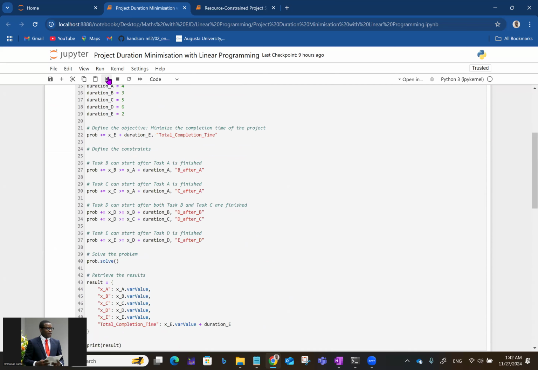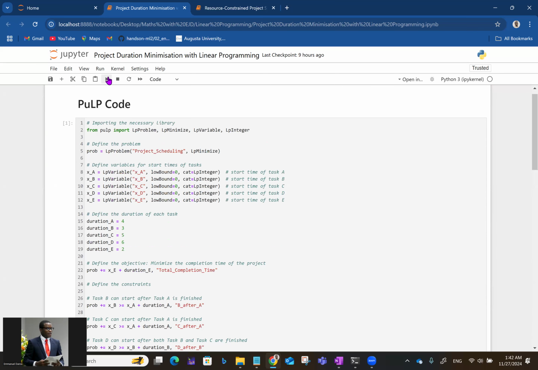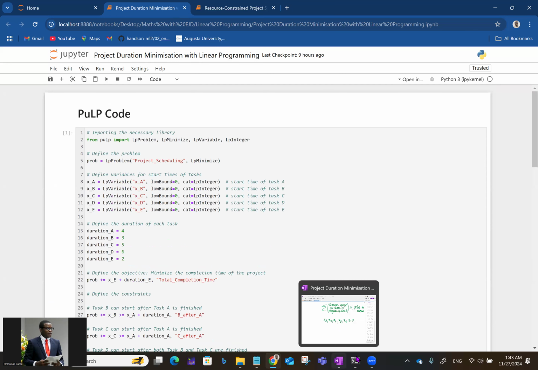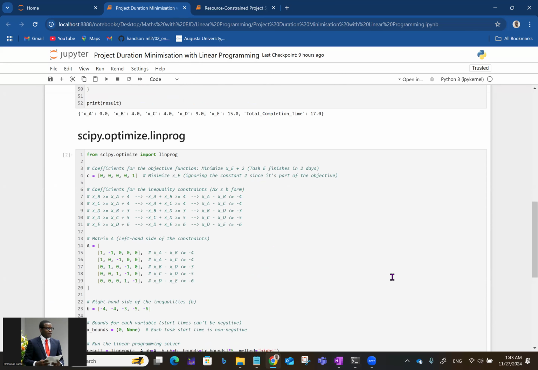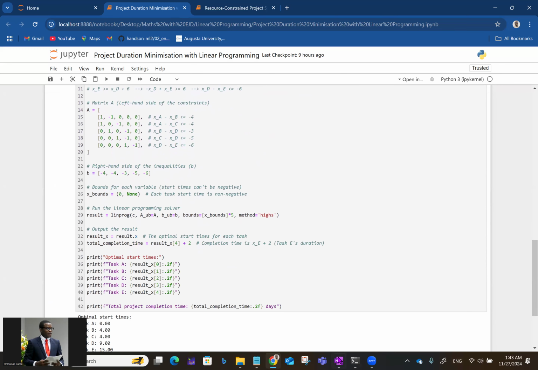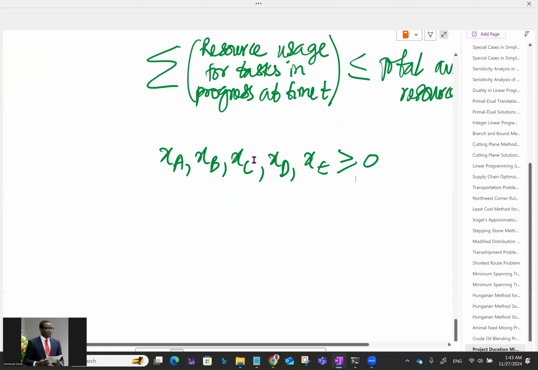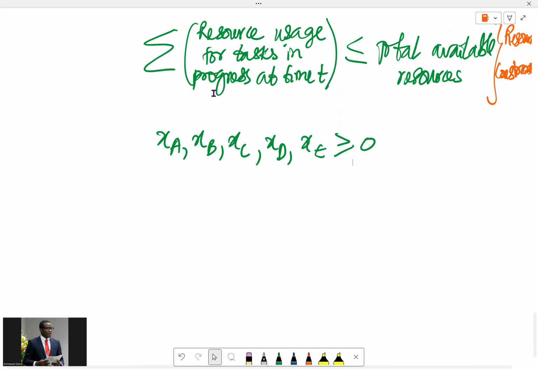You just want to look through this and try to understand it line by line. We've done a lot of this, so that's why I'm not taking so much time. So using both pulp and linprog, we get the same thing.